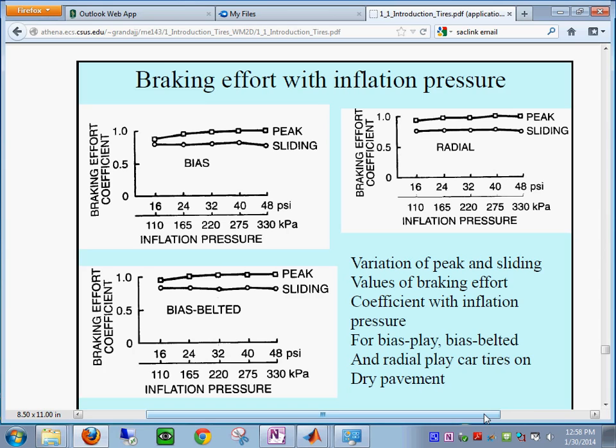I think one thing that we can conclude is that for the bias belted tire and radial, there's not much of a difference in this case with the different tires. So this is the sliding values of braking effort with inflation pressure.